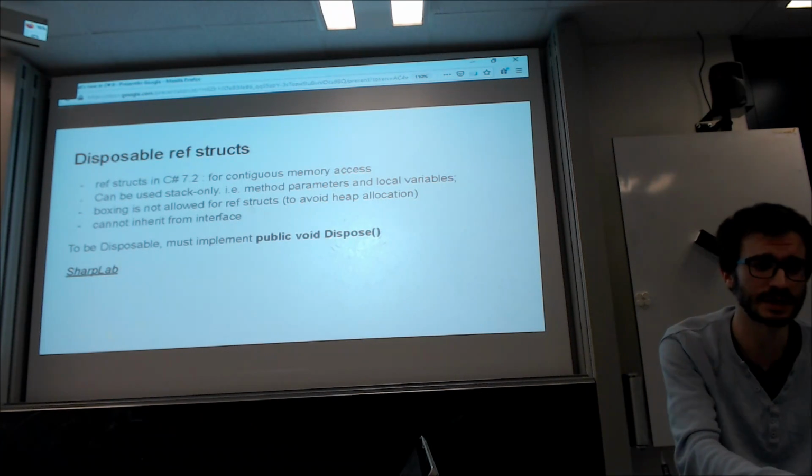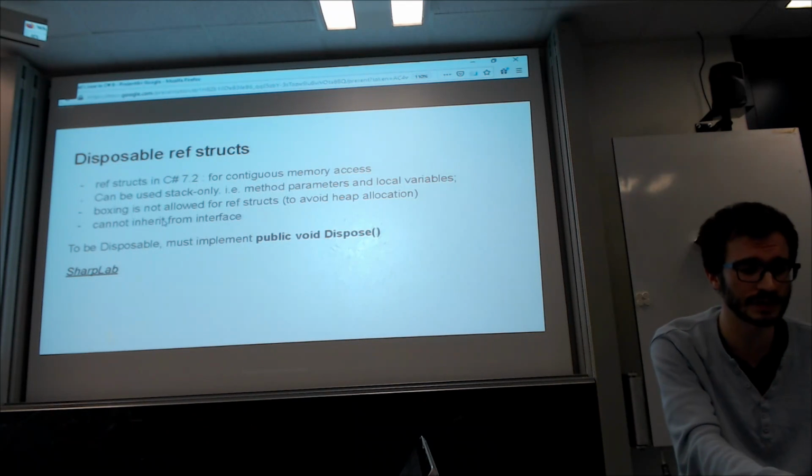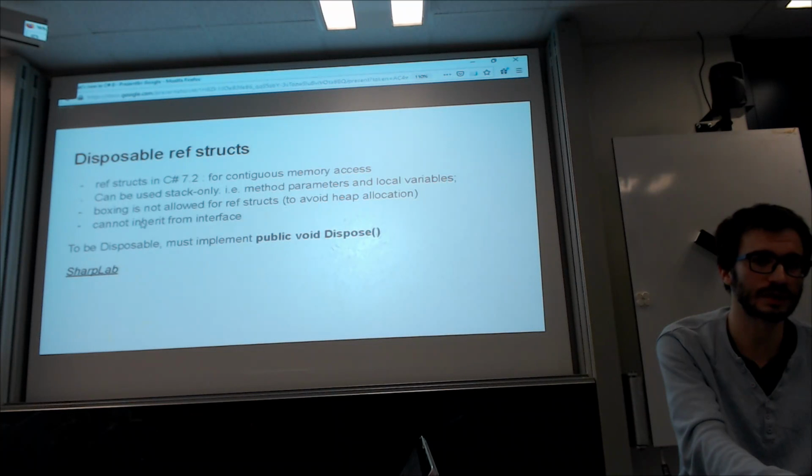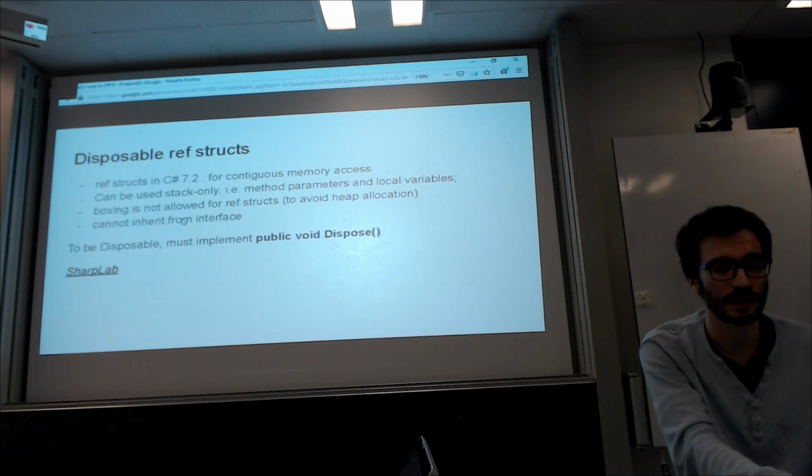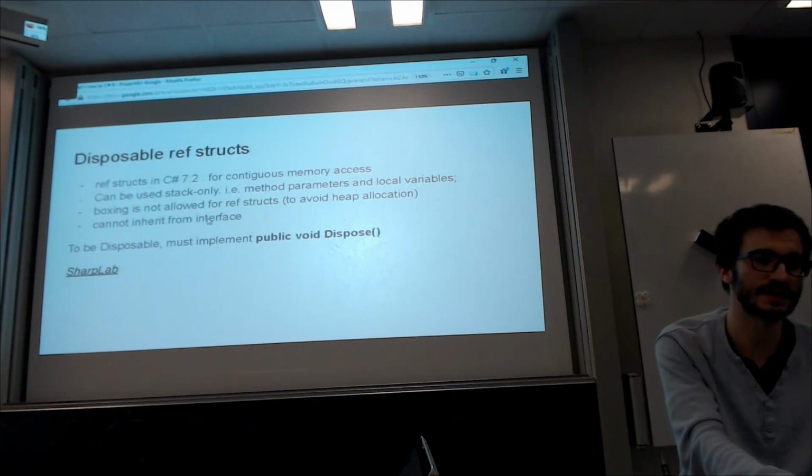These are by design on ref structs, and the problem is that they could not be disposable until C# 8, because they could not inherit from IDisposable.